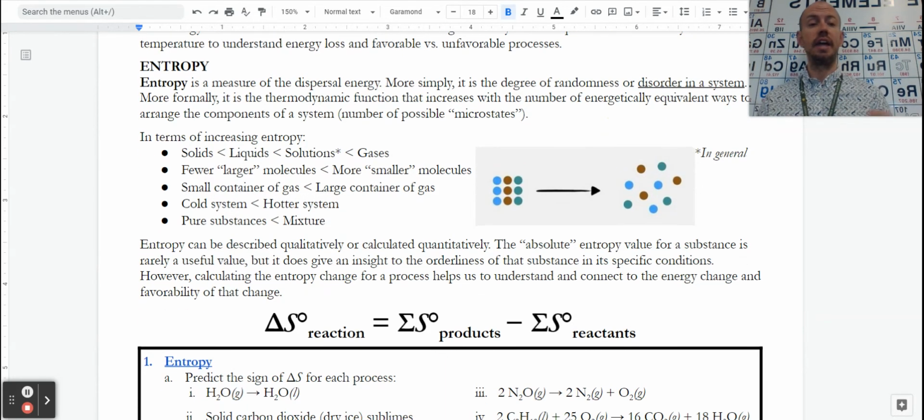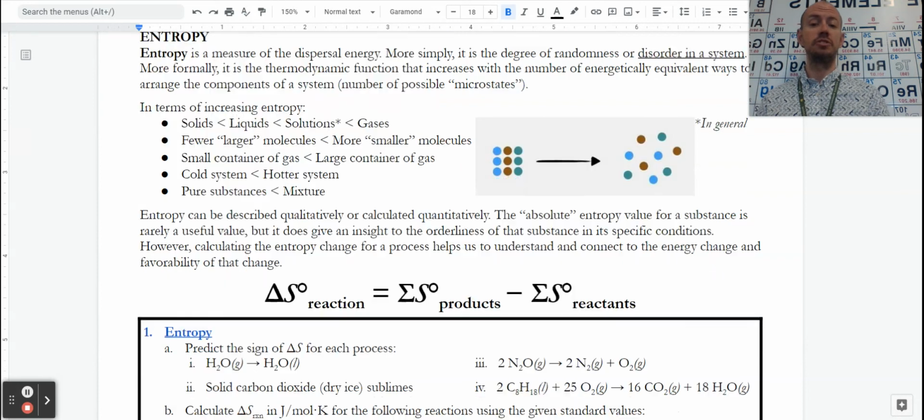Much like delta H that we've done before, we have an equation. The change in entropy for the system is the sum of the absolute entropies for my products minus the sum of the absolute entropies for my reactants. As individual values, those absolute entropies aren't super helpful, but they do allow us to calculate that change.